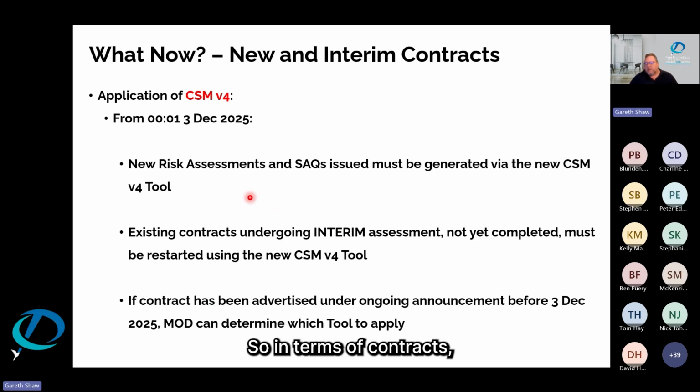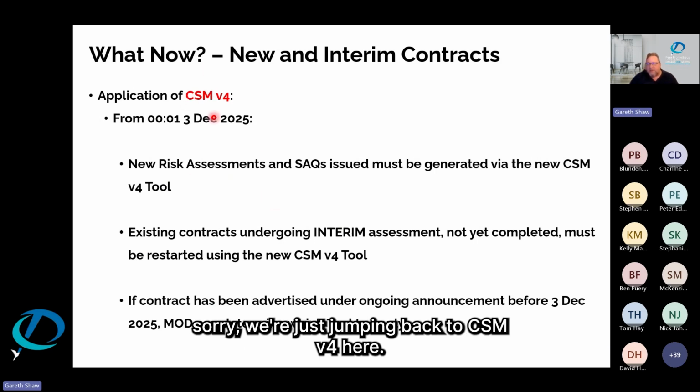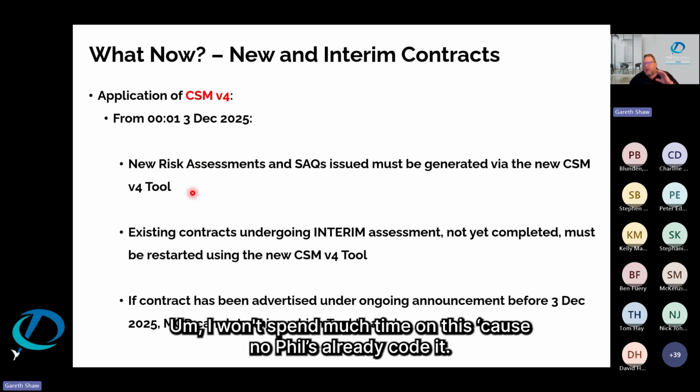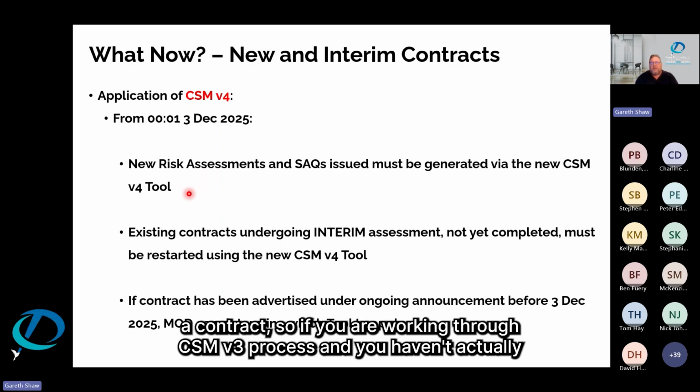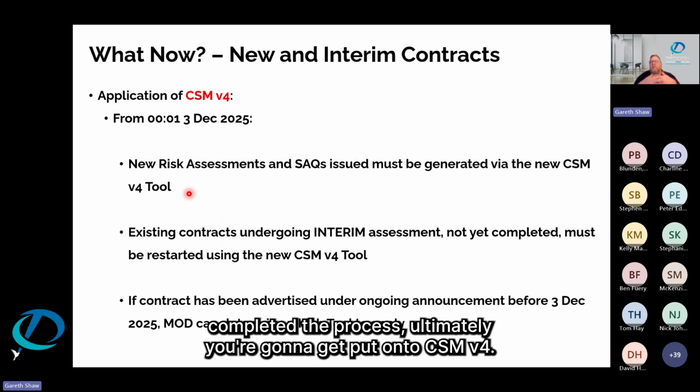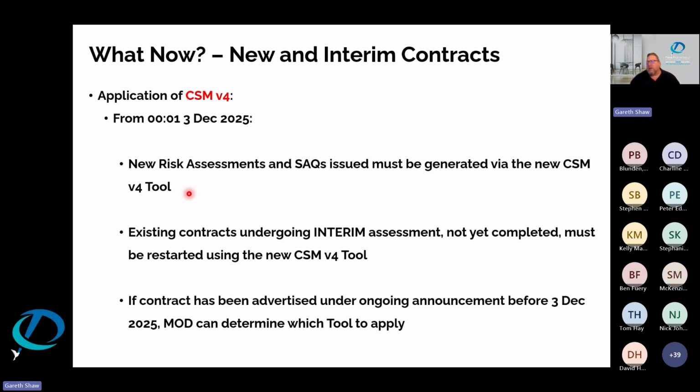So in terms of contracts, we're just jumping back to CSM version 4 here. I won't spend much time on this because Phil's already covered it. But the thing to point out is that if you're in the process of applying for a contract, so if you're working through the CSM version 3 process and you haven't actually completed it, ultimately you're going to get put onto CSM version 4.